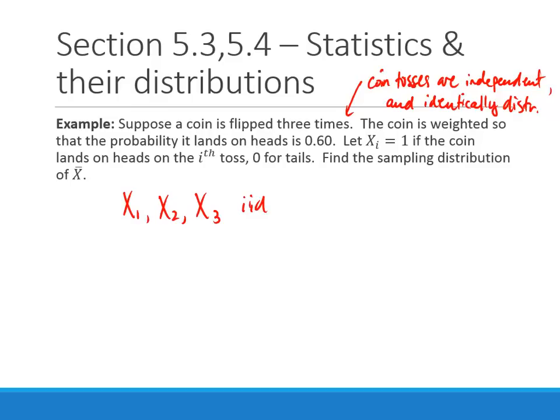I have 2 outcomes and I have just one thing. Do you guys remember what that's called? Bernoulli. Yes, exactly right. So these are Bernoulli random variables, again with success probability 0.6. So success probability here means the probability that I get a 1.